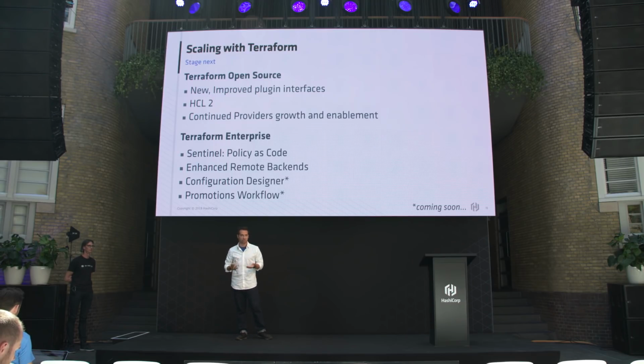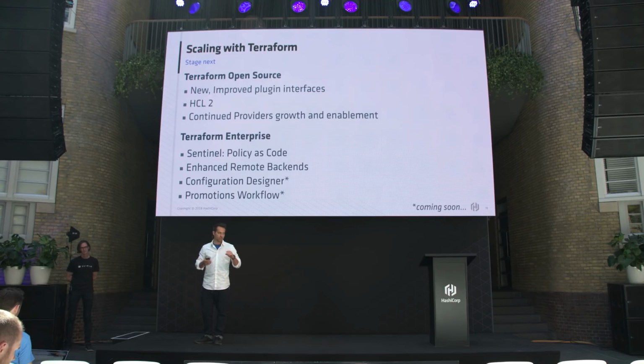It's going to have more powerful features for you to model your infrastructure. And we're always going to continue to grow and enable our providers. New features, making things better and easier, adding more documentation to make it easier for you to write your own providers.